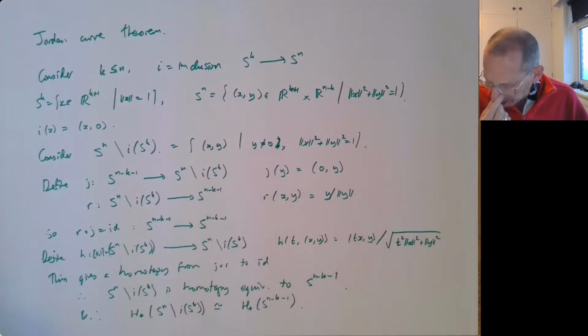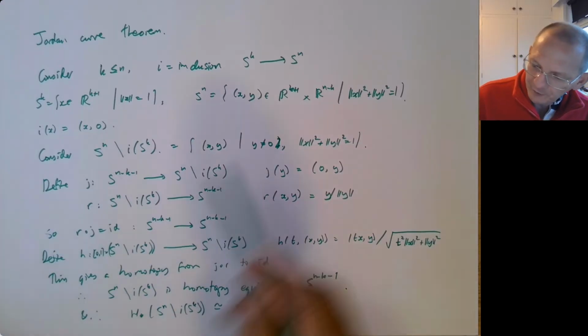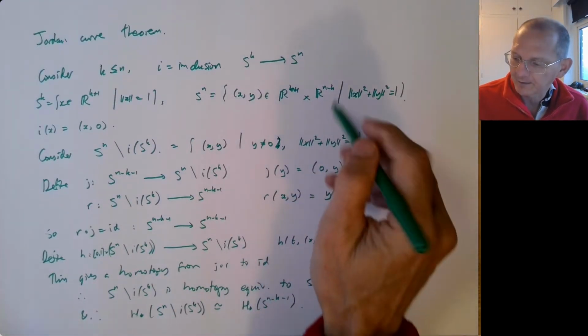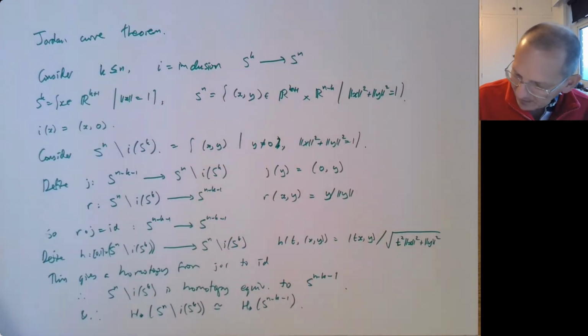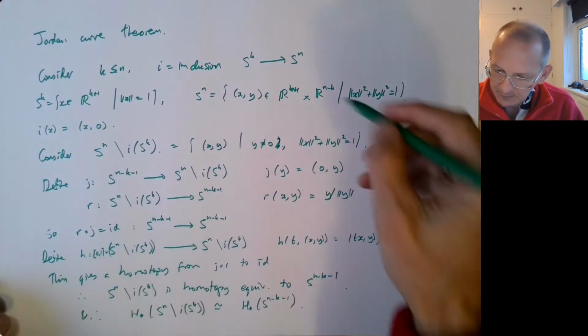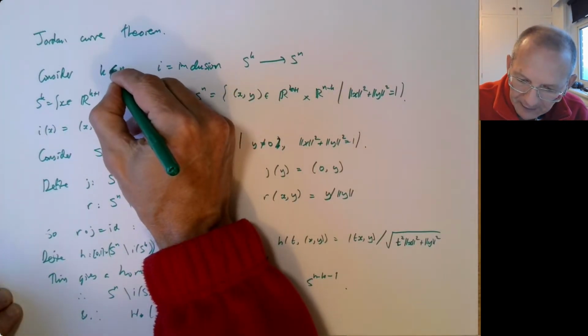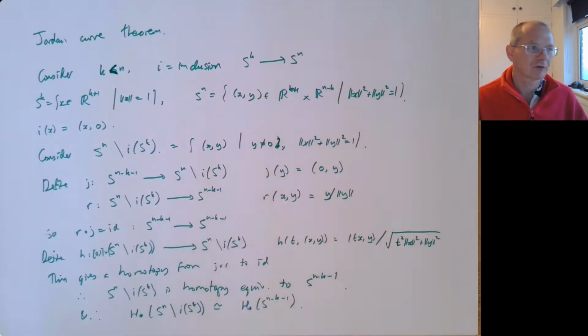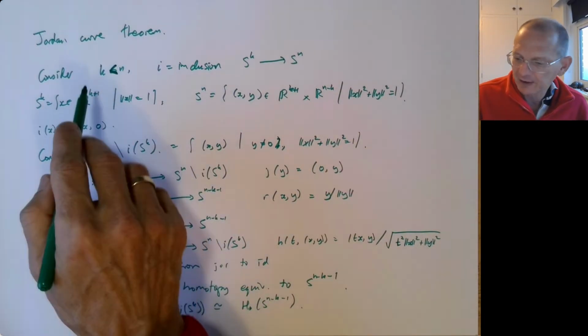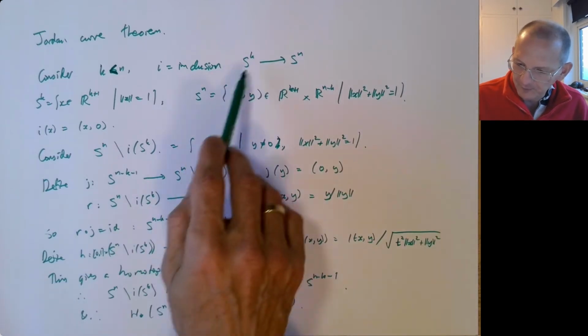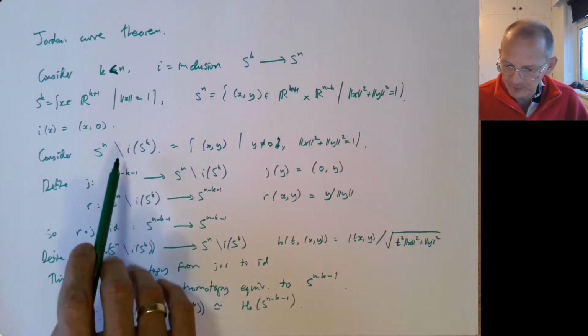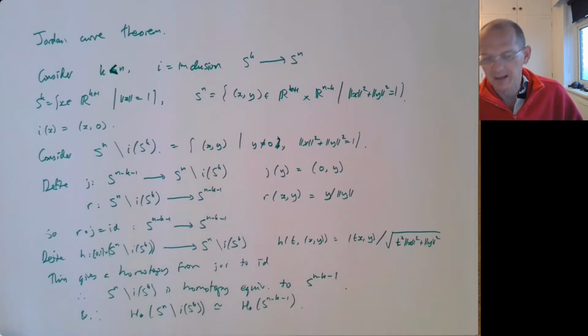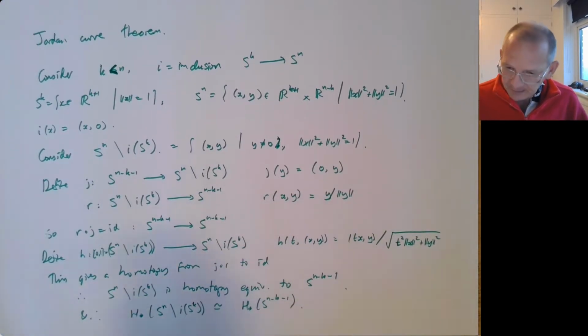I should say all this works on the assumption that k is strictly less than n. If k was equal to n, then this would just be the identity, and S^n with I(S^k) removed would just be the empty set. So slightly different features there.